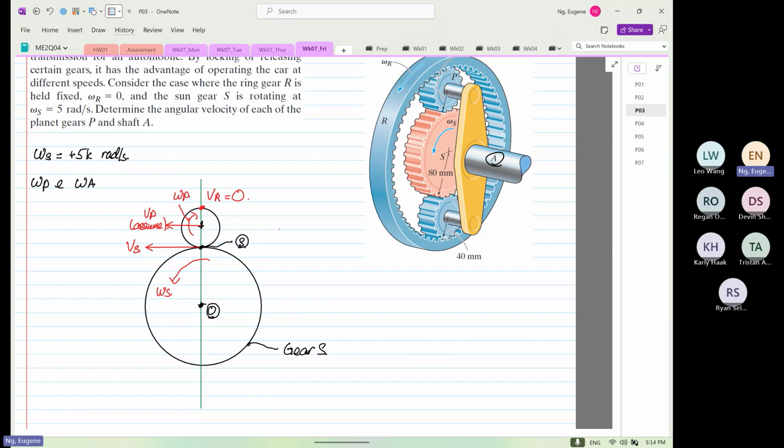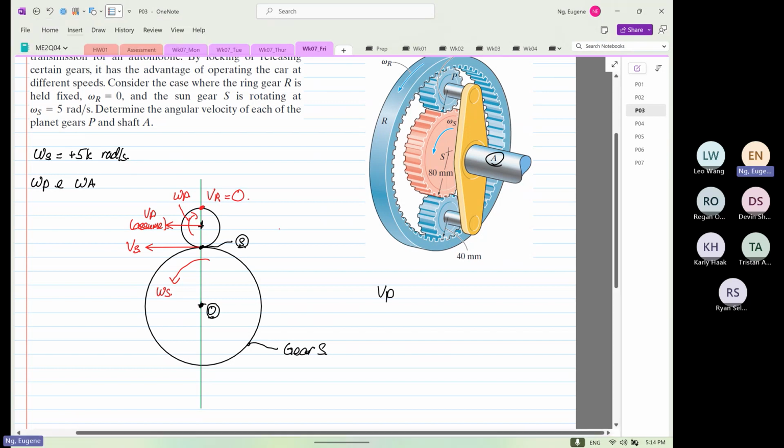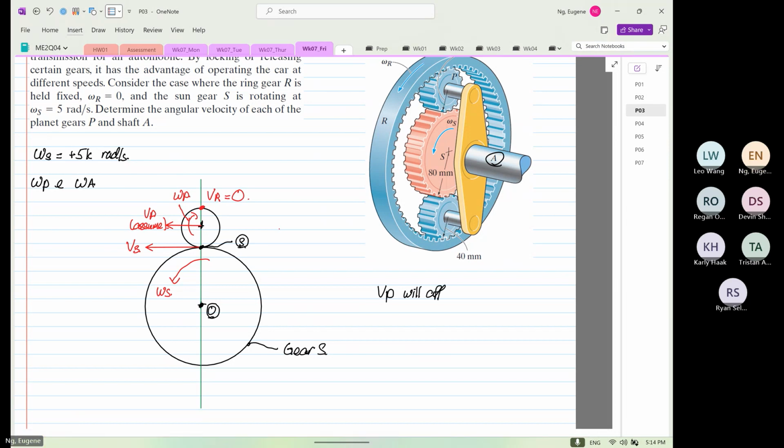So from now, after doing the first one, you can see how this can be solved, yes or no? Now let's look further. VP will affect the omega A. You highly agree or disagree?